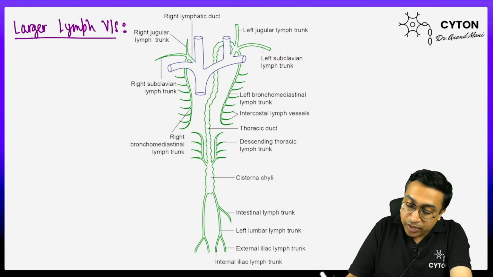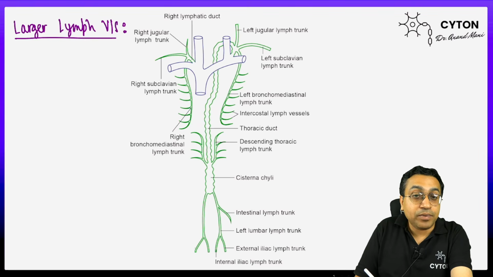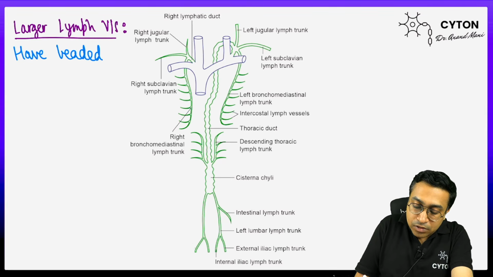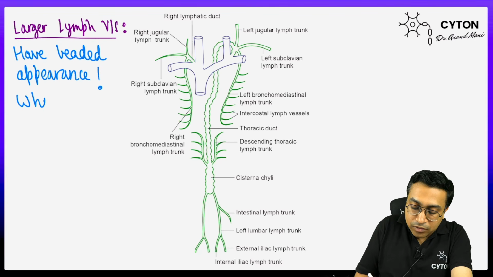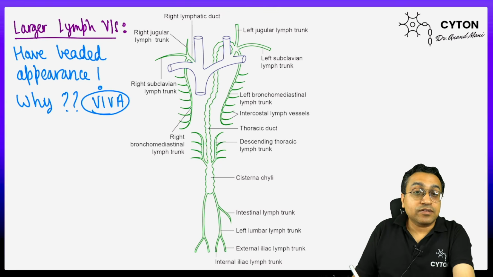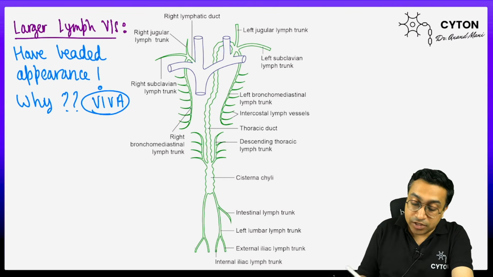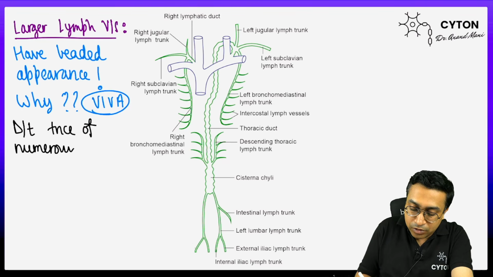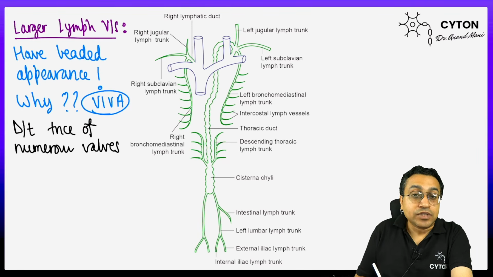This is very important and it is asked in viva also. They have a beaded appearance. Why? This is very important for viva, so let us understand. This is due to the presence of numerous valves within their lumen.